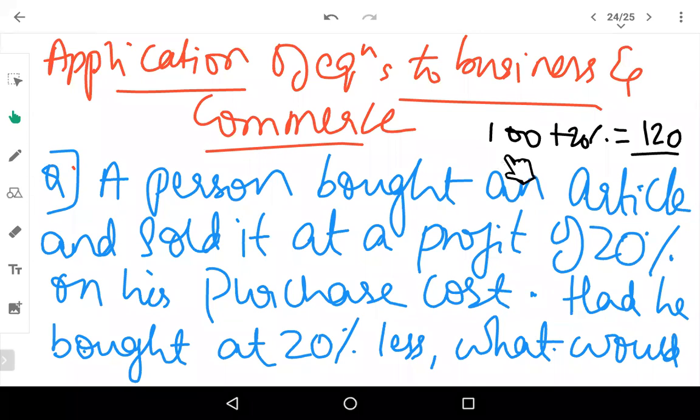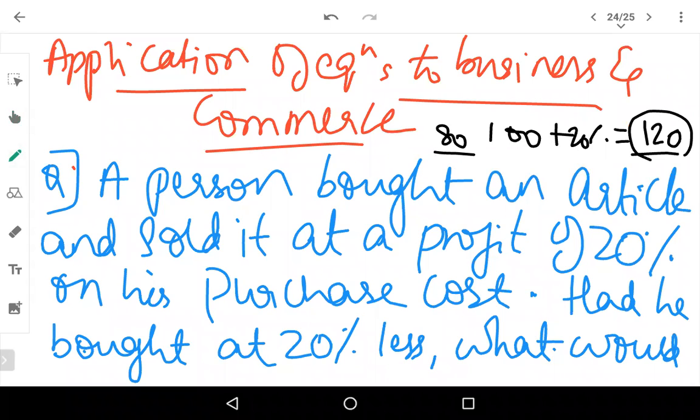Suppose the flower vase, instead of 100 rupees, he bought it at 80 rupees, and the selling price, let us keep 120 only. Now instead of 100, your cost price, how much has it come to? It has come to 80. And what is the selling price? 120.